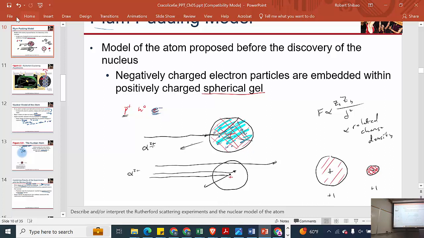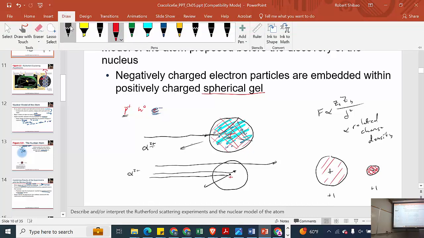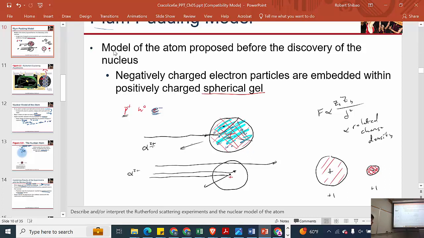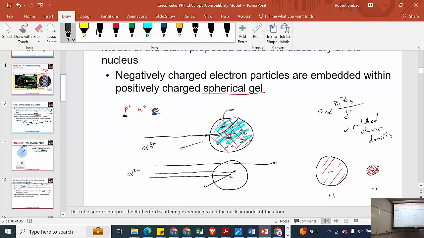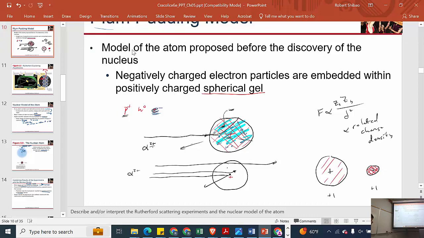If there's a plum or raisin here, this is negative charge, so the alpha particle is going to see that and be deflected towards it. It wants to go towards the negative charge. Does that make sense? So we expect small angles of deflection in the plum pudding model. But what we see here is the same situation: the electrons are out here, but it's mostly empty space.